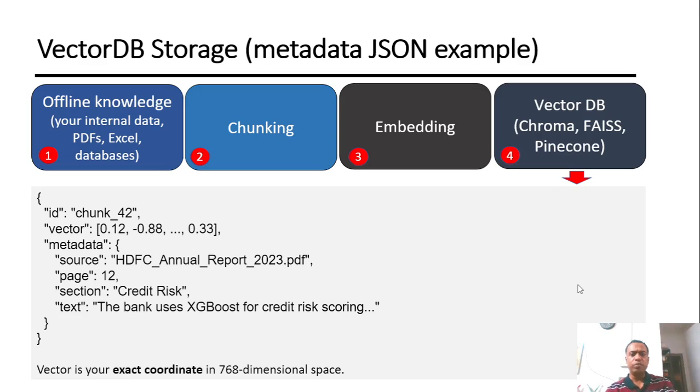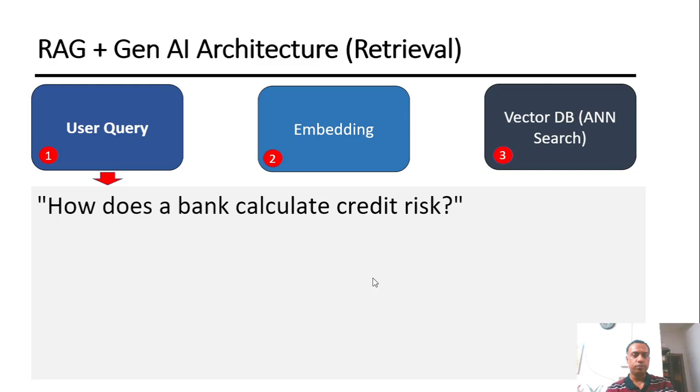So, what is the rationale behind indexing in a vector database? Vectors are indexed based on their position in a high-dimensional space. So, similar vectors are placed close together. The logic is distance-based, not alphabetic or random, right? So, I hope we are clear so far.